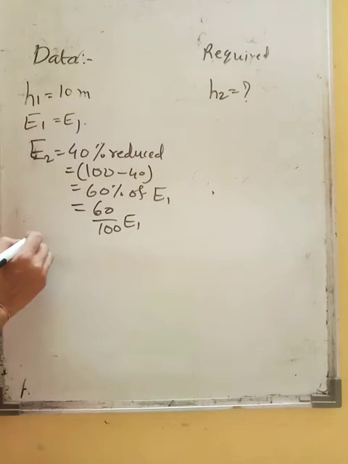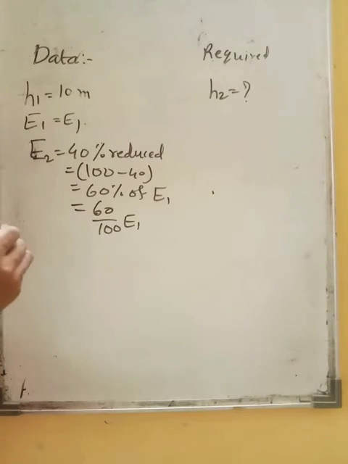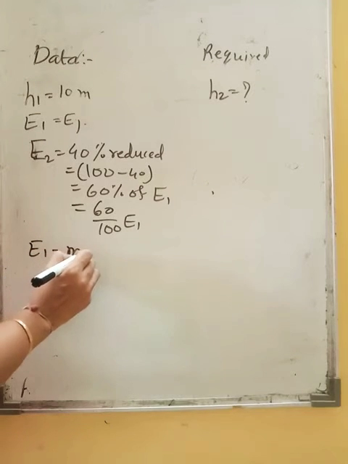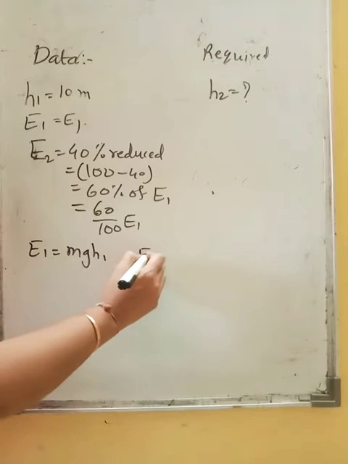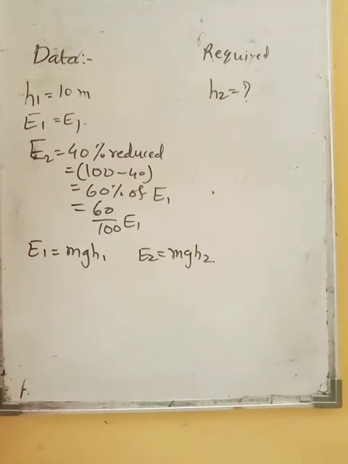So now let us do it. Let us find out the relationship. E1 is mgh1 and E2 is mgh2, correct? Now what is E2?